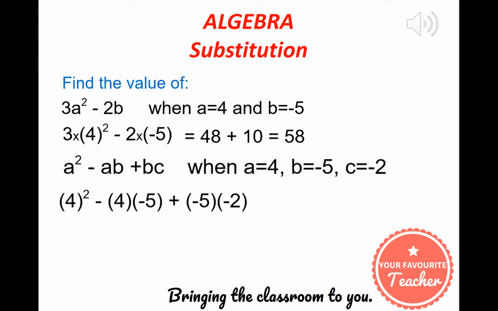So to start to simplify, it becomes 4 squared minus 4 times negative 5 plus minus 5 times negative 2. We've put the brackets in so that we make sure when we have brackets, we multiply numbers that are in brackets next to each other.